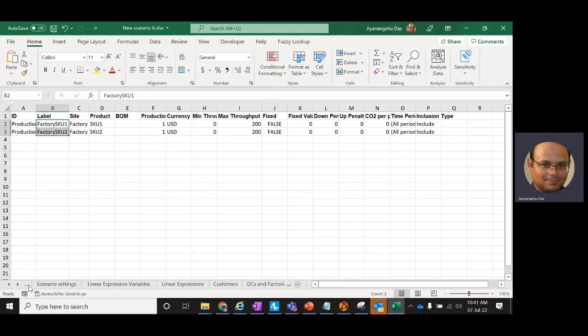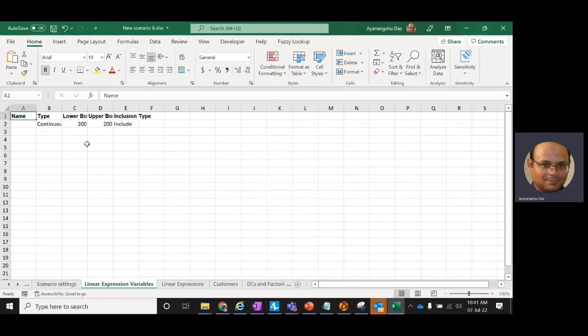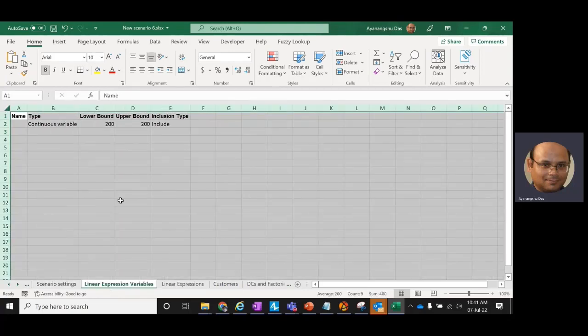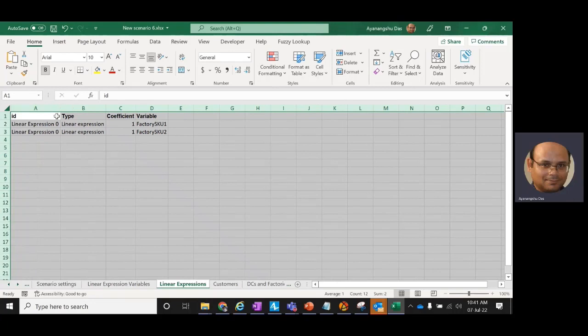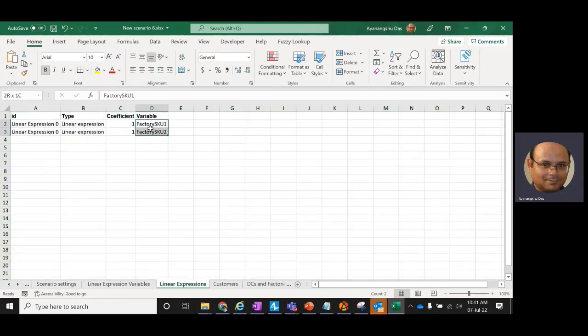So to understand the custom constraints, we have to see the linear expression variables and the linear expressions tab. In here, we have put the linear expressions as the labels that we have defined in the production table, as we saw just now.